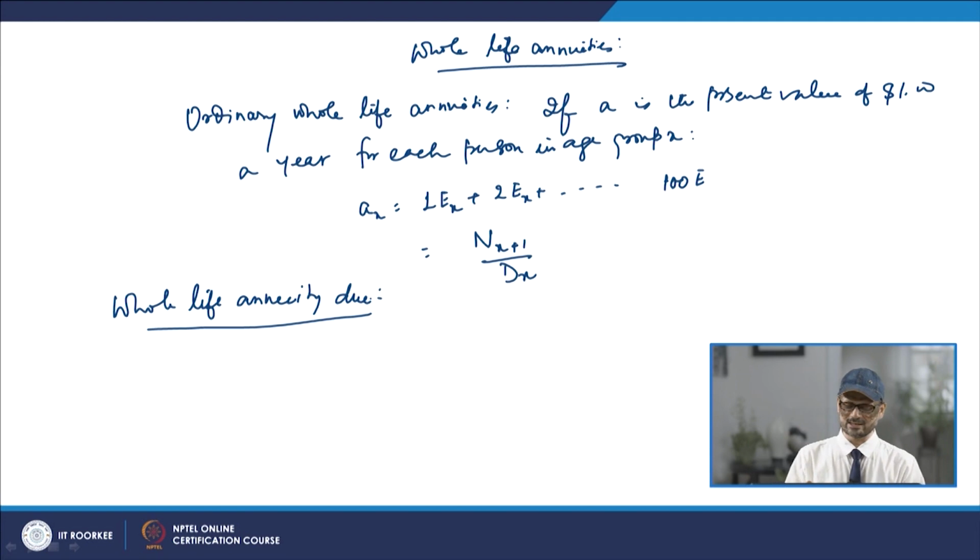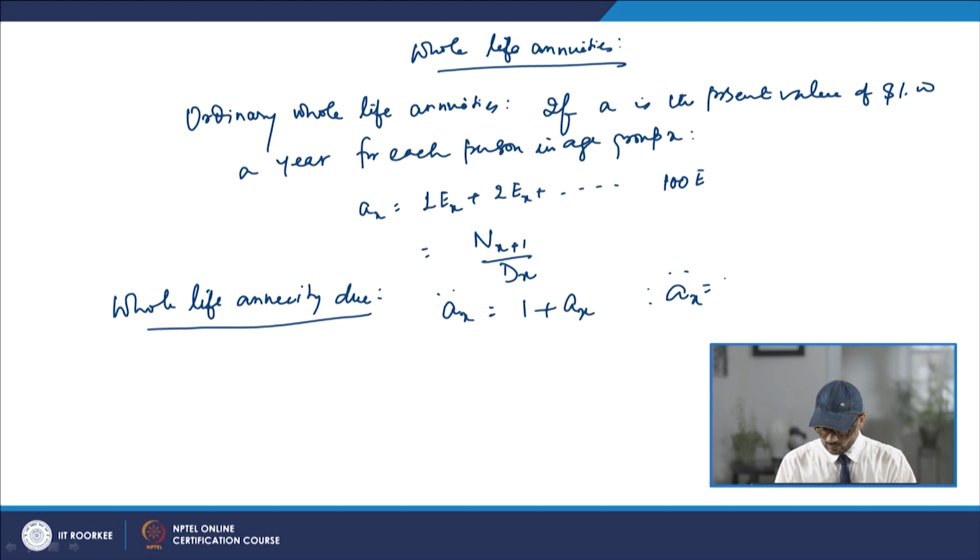So that is why we define it as 1 plus ax, because we are making one payment at the time of purchase itself, and this is for the whole life annuity due, and this is for the ordinary whole life annuity, and in that case you are adding 1. So basically if you further simplify, you will have a double dot x, it will be 1 plus Nx+1 by Dx.